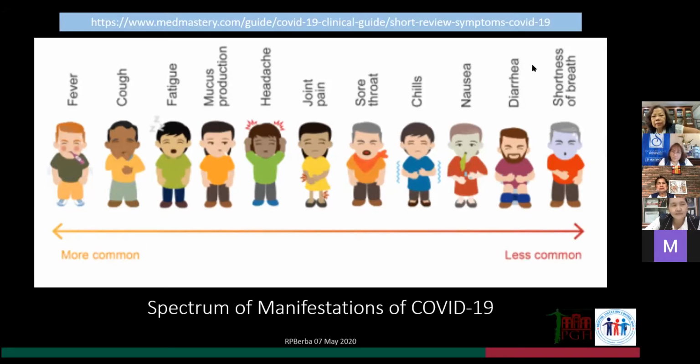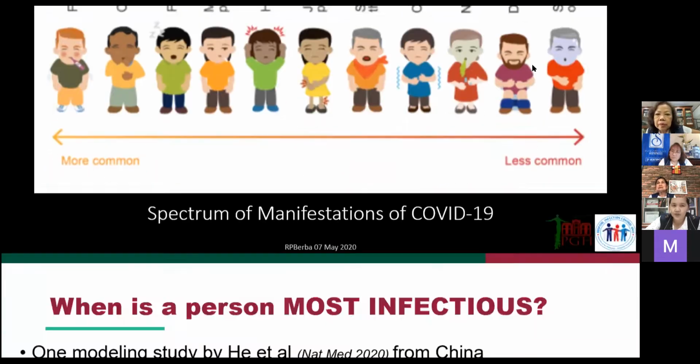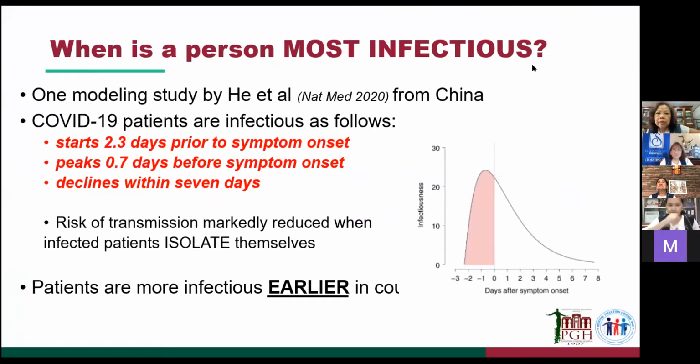Some people nga, parang they say, meron ako usual allergic rhinitis, pero ngayon parang hindi nawawala yung allergic rhinitis ko. Maybe that's not just allergic rhinitis and maybe a trigger for you to consult. So parang kung something out of the ordinary, then go ahead and consult or have a test.